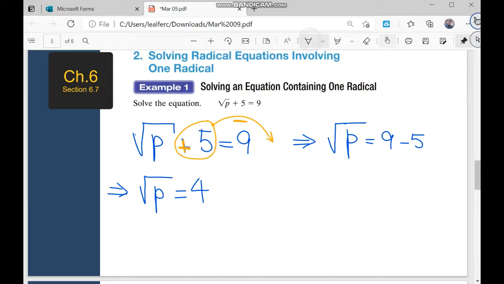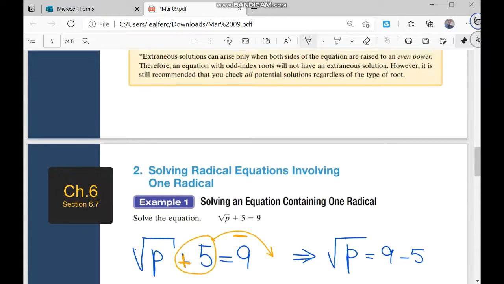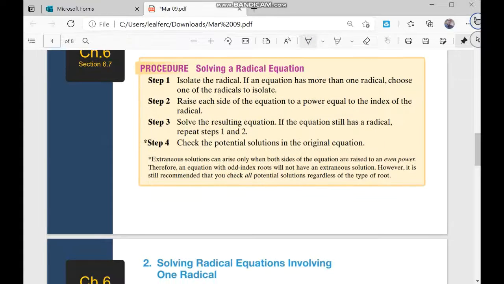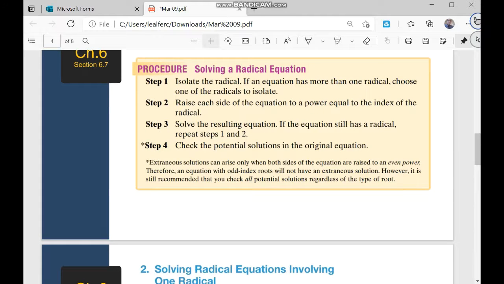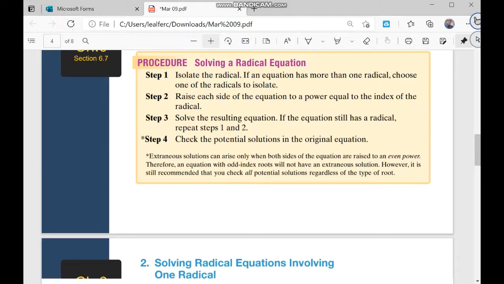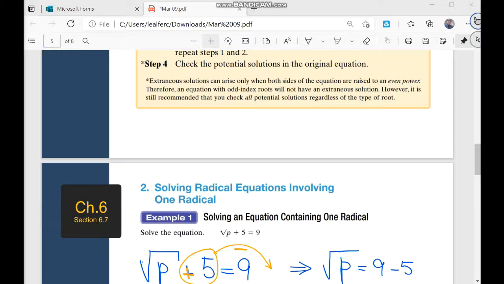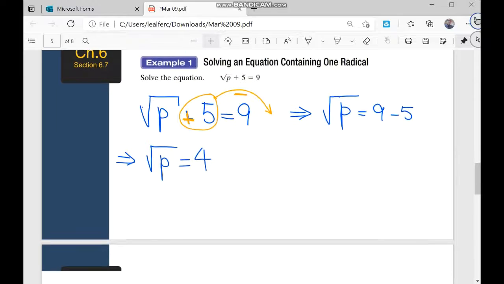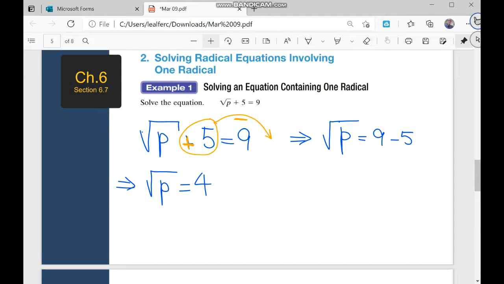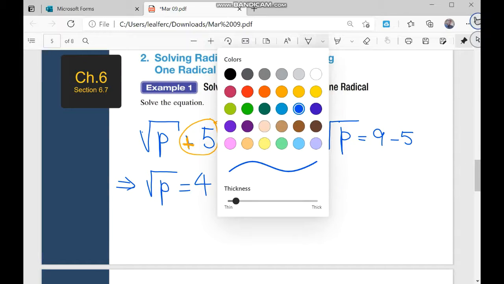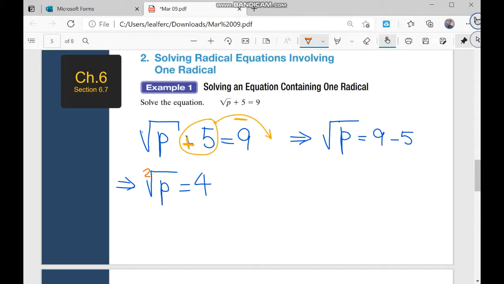What is the next step? So check the procedure. Next step, raise each side of the equation to a power equal to the index. The index is 2, it's the square root, right?